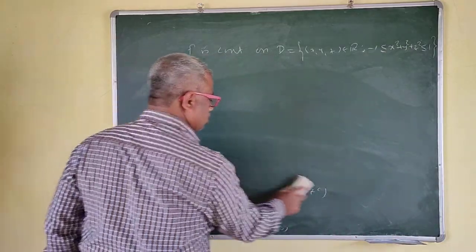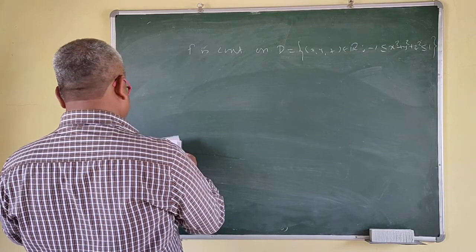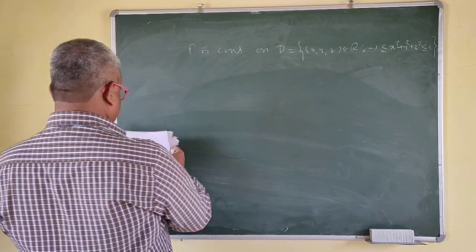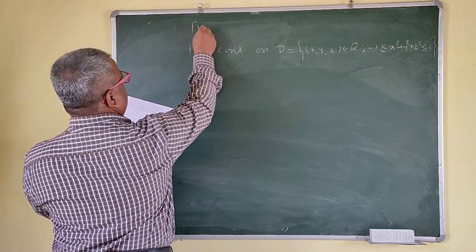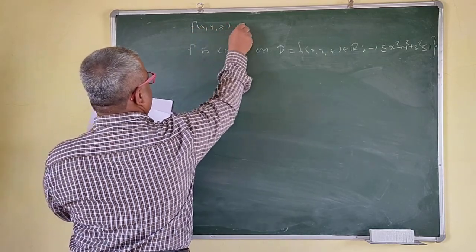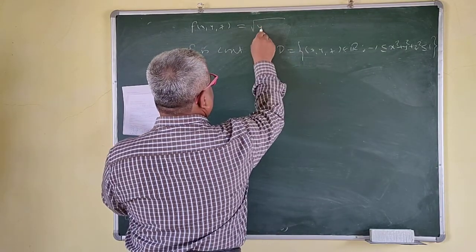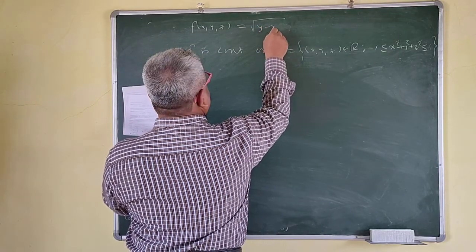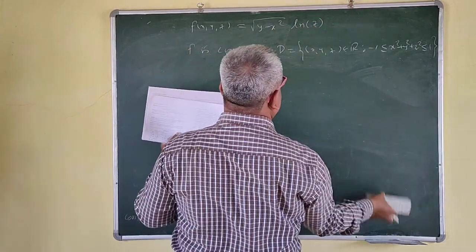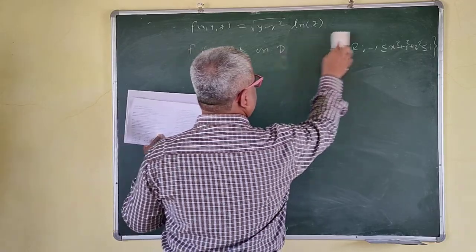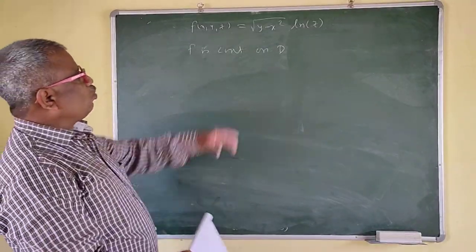Next, f(x, y, z) = √(y − x²) ln z. Ln means log of z. Now see here, root is there.